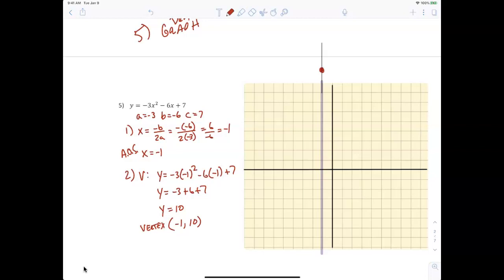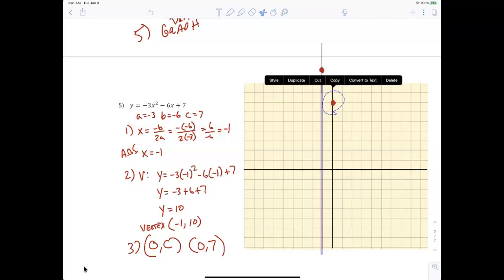The y-intercept is 0, c, which in this case is 0, 7. So I'm going to plot 0, 7. 0, 1, 2, 3, 4, 5, 6, 7. So there's 0, 7. Now we notice there's 1 unit, 1 unit, so the other point goes right there. And now we can draw the parabola, which would look something like this.